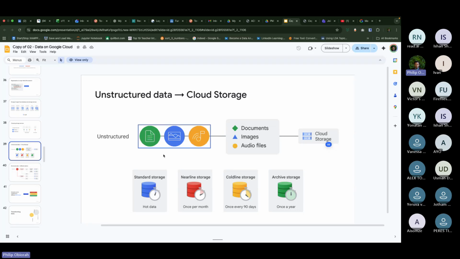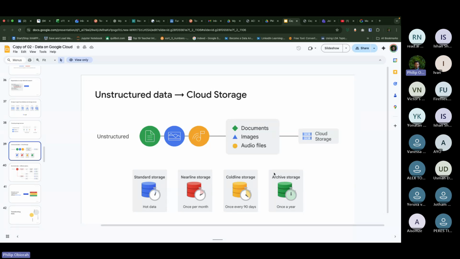If you see a question that has to do with unstructured data, where the company makes documents and images, which option do you think will be the recommended storage? You could suggest cloud storage because this is unstructured data.